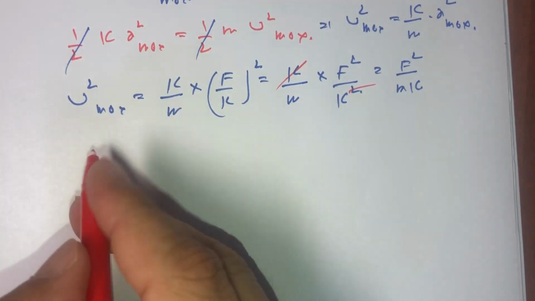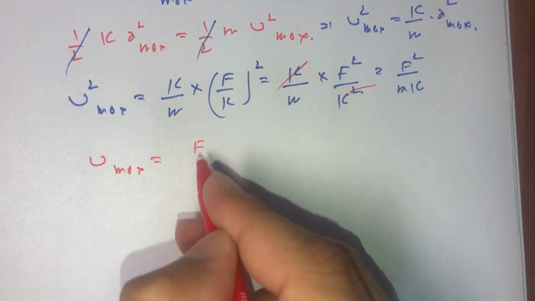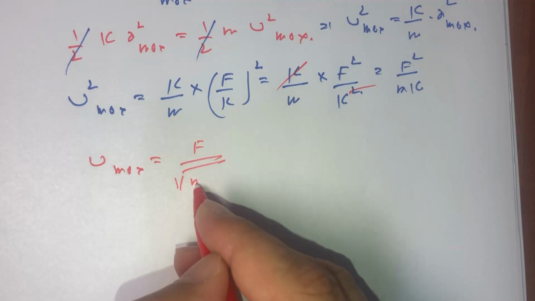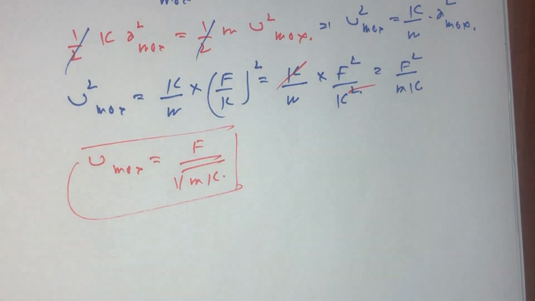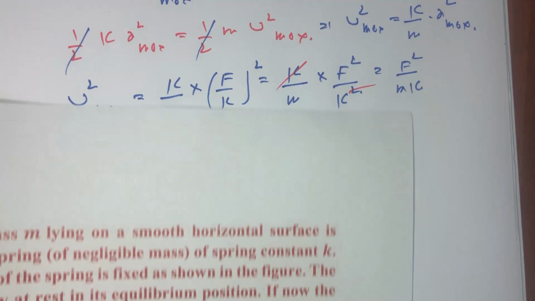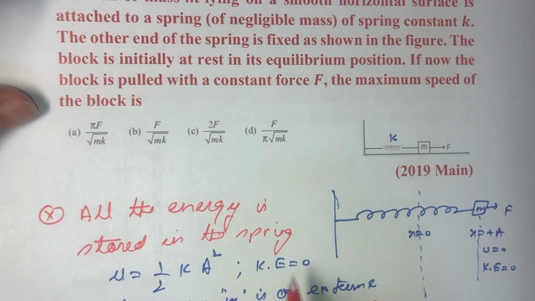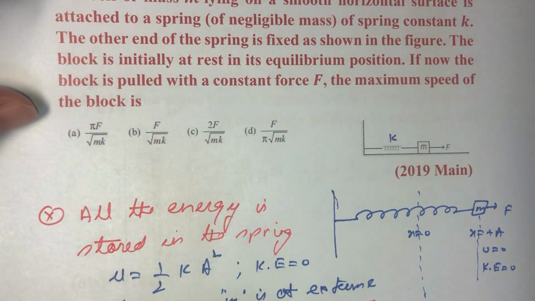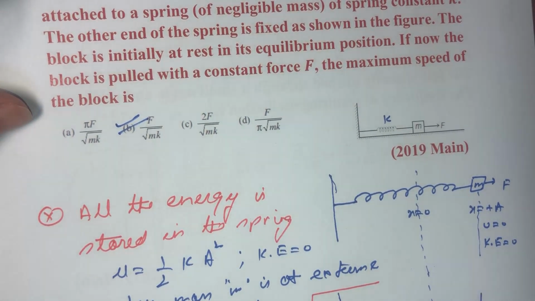So we get maximum velocity Vmax is equal to F upon square root of M times K, and this is our maximum speed of the block. And the option that is correct one is given as B. So B option is the correct one.